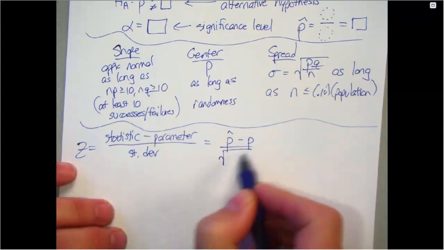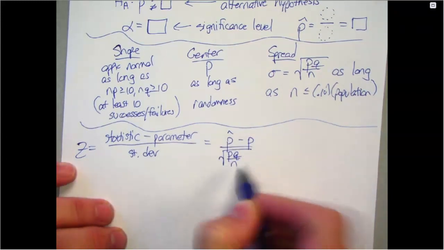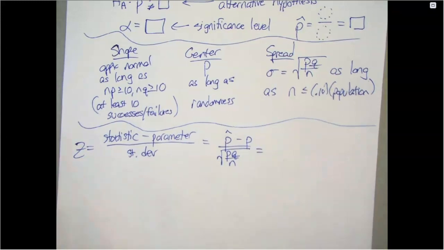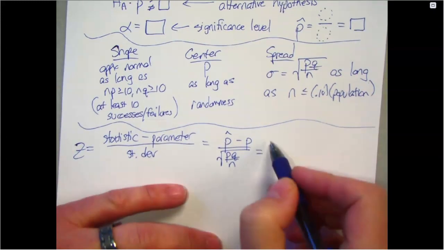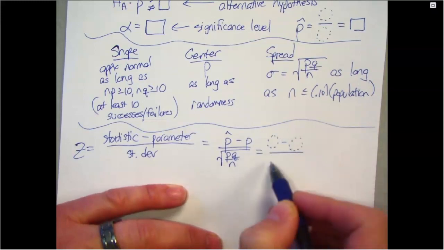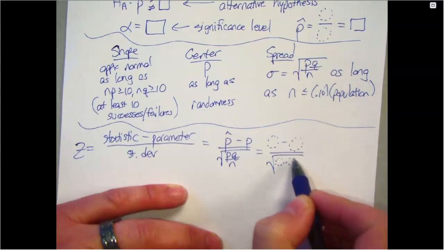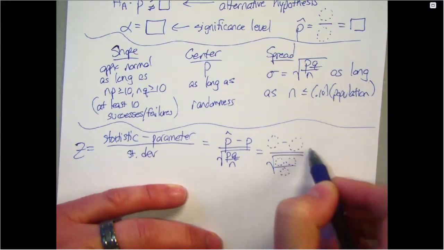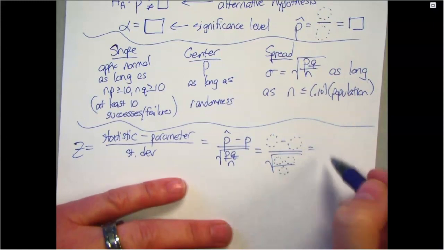And then your standard deviation is root PQ over N. And then you'll plug in your numbers. I'm going to indicate that with little dotted circles. And you will get a z-score.